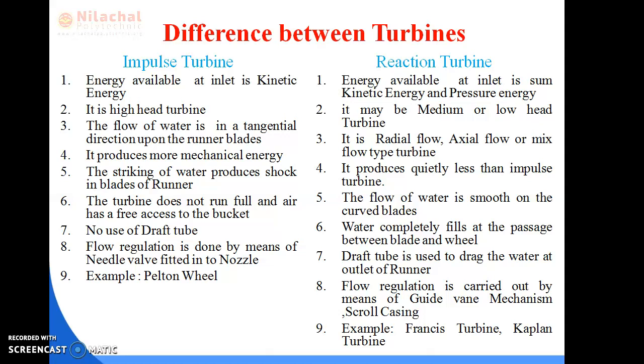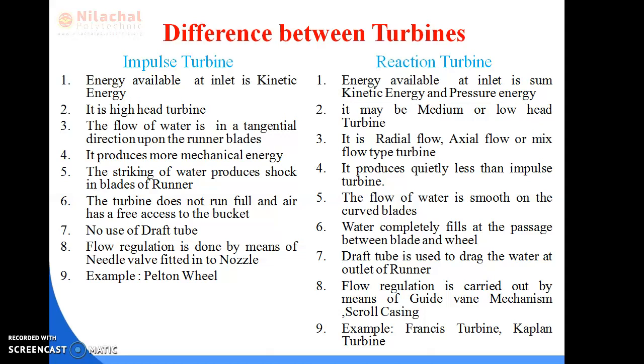The movement of the spear inside the nozzle allows the flow of water to be more or less while it is striking the bucket. But in case of reaction turbine, guide vanes are used, which also control the flow of water. So the movement of the guide vanes changes the flow of water.